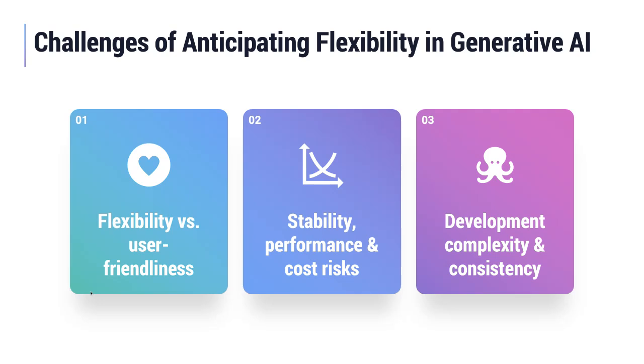This focused approach could lower complexity and simplify things for both users and developers. These challenges force us to think carefully about when and how to implement flexibility in our Gen AI products. So, how do we navigate these challenges and build effective Gen AI features? Let's look at some key strategies.